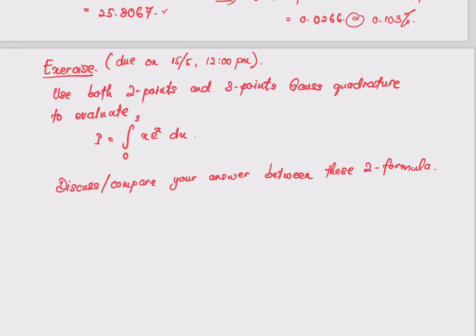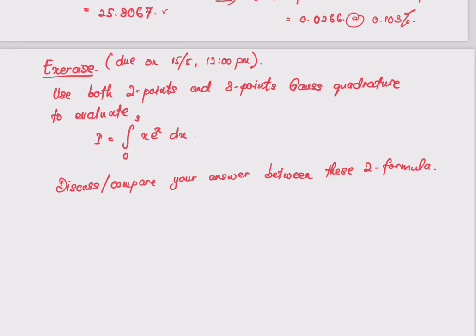Okay, this is all for today's lecture. We have done our numerical integration, we have done our chapter 5. You already know about the trapezoidal rule. We also have discussed the Simpson rule, and today we have discussed 2-point and also 3-point Gauss quadrature.